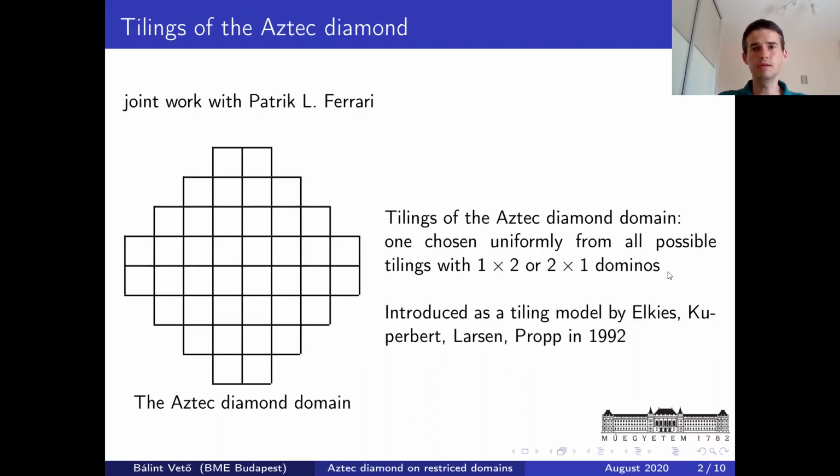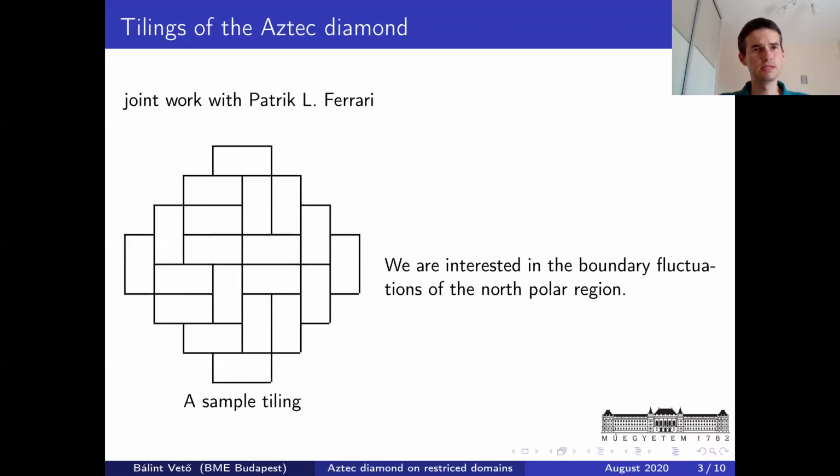What we do is that we take all possible tilings of this domain of size 4 in this example, and then choose one at random from all of them, and this will be our random tiling. This model was introduced already in the early 90s and well studied also since then.